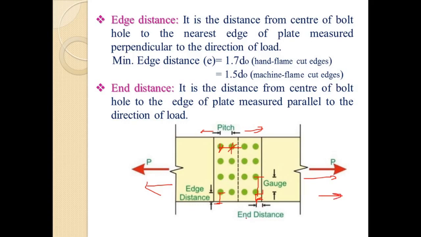So this is the end distance, this is edge distance, this is pitch, the horizontal distance between two bolt holes measured parallel to the direction of load, and this is the gauge distance that is measured perpendicular to the direction of load.